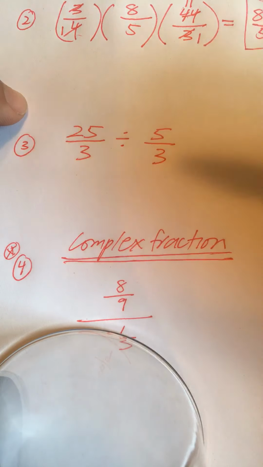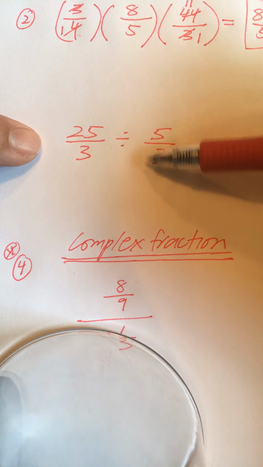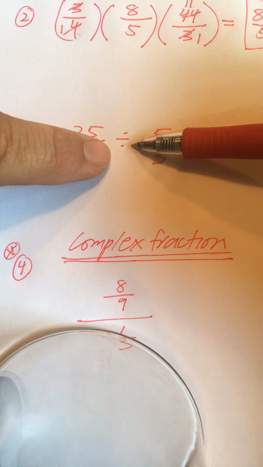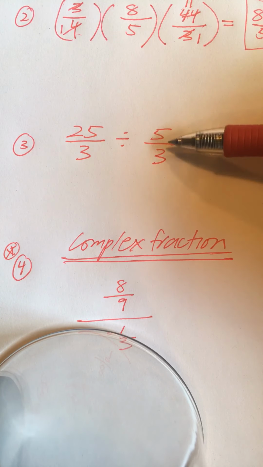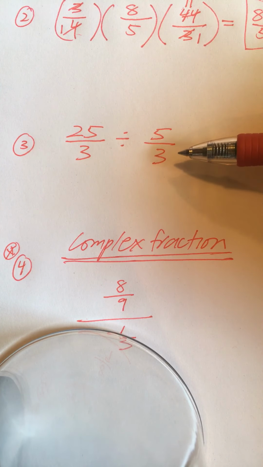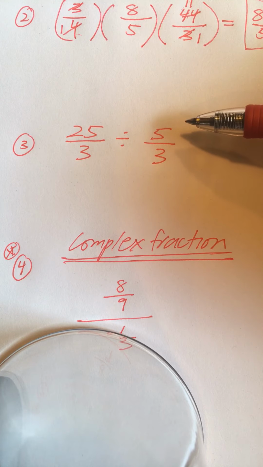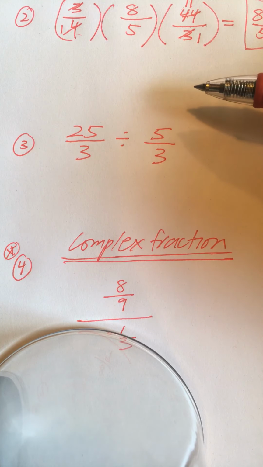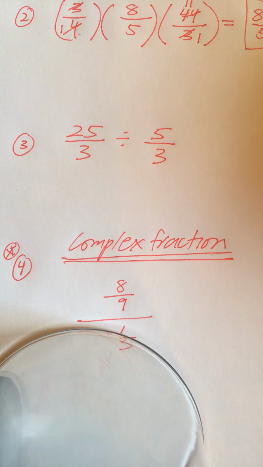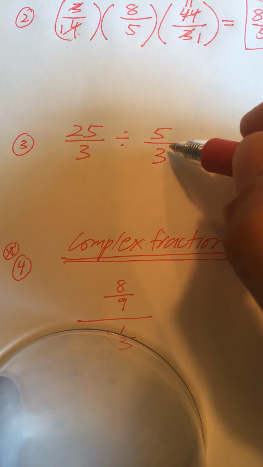So the way we're going to do that is we're going to actually change this. We're going to multiply by the reciprocal of 5/3. Now the reciprocal is when you switch the 3 and the 5. You switch the numerator and the denominator. So 5/3 is going to become 3/5.